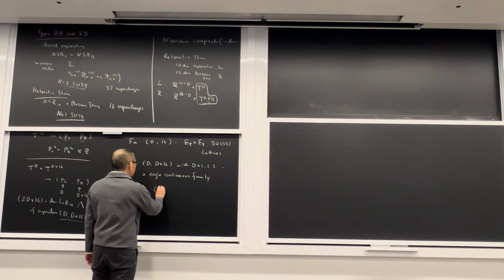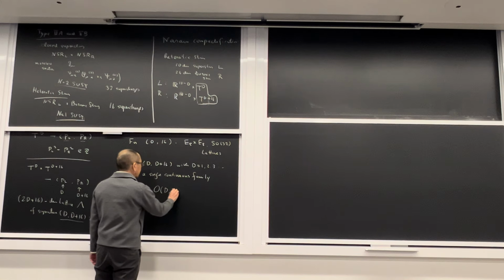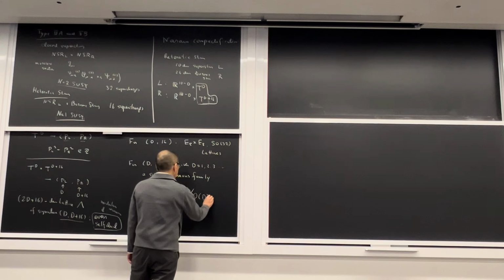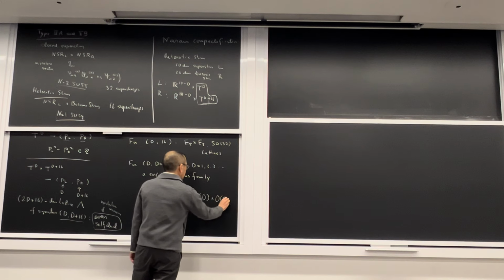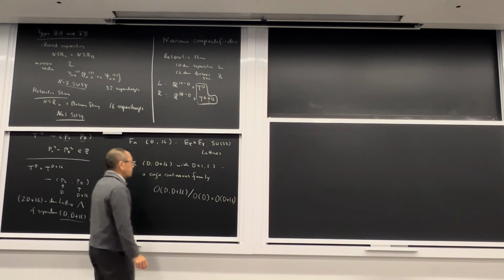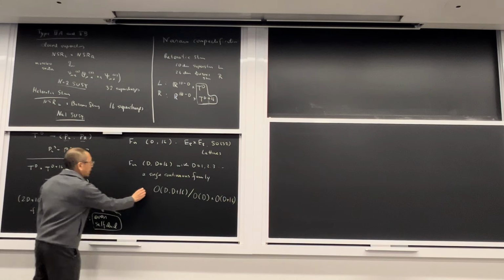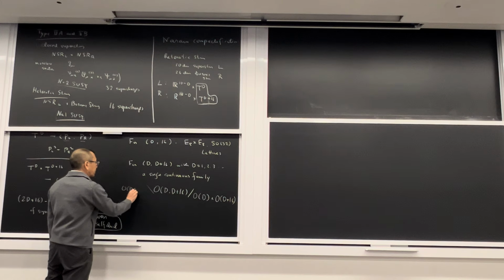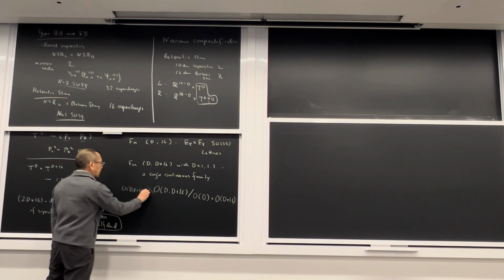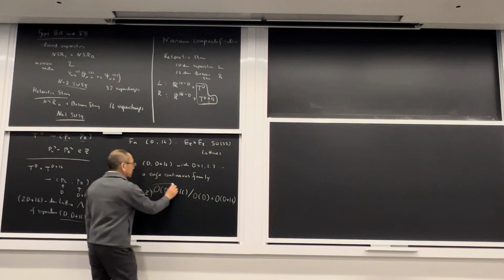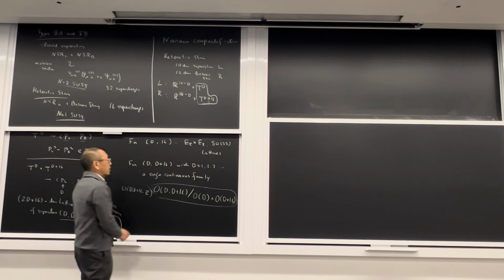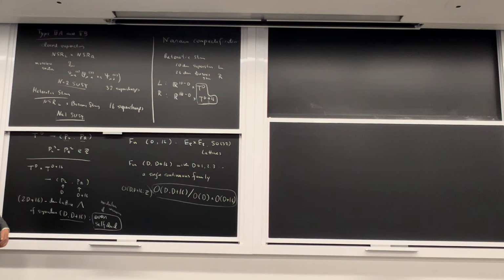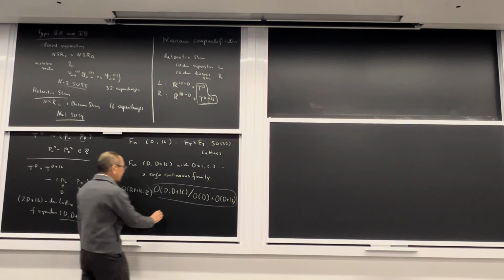So modulo discrete identification, the space is a coset space. Okay, and then there are some discrete identifications like this. But this part means that the family of lattices which satisfies this even and self-dual property is a Grassmannian.